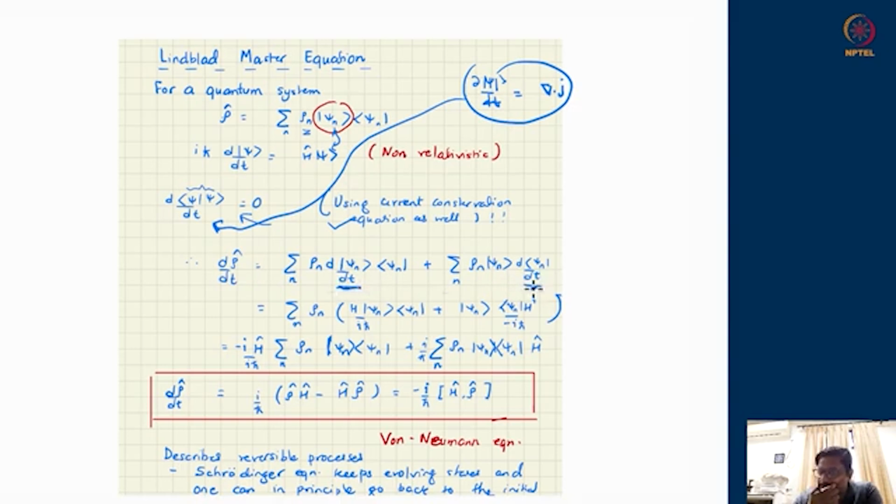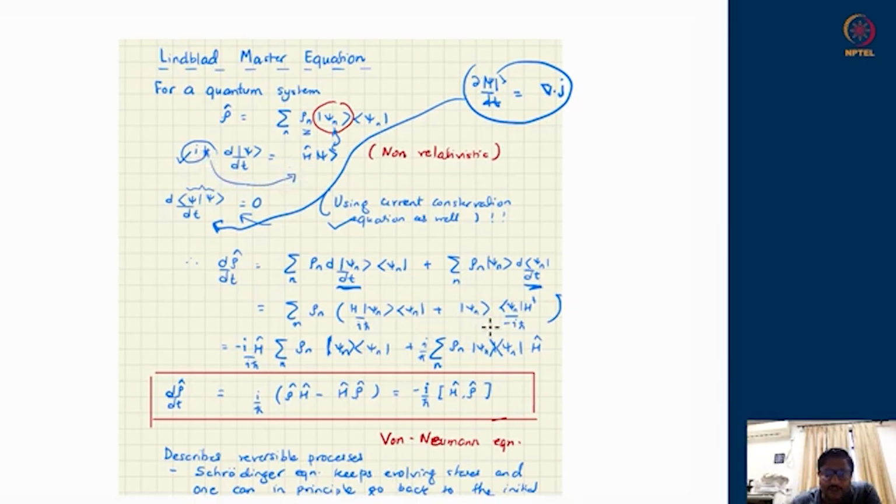And I use the Schrodinger equation version, that iota h bar times d psi upon dt is Hamiltonian acting on psi. So whenever I see d psi n upon dt over here, for example, I will replace it with the Hamiltonian acting on psi n divided by iota h bar. This iota h bar moves to the right hand side.